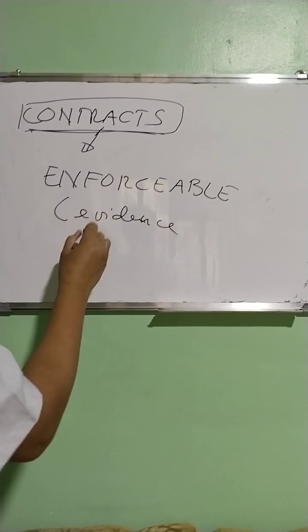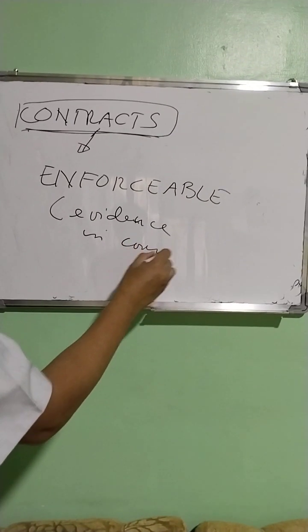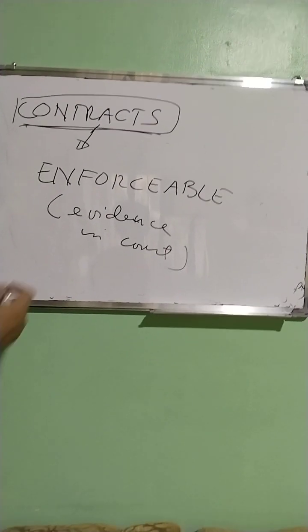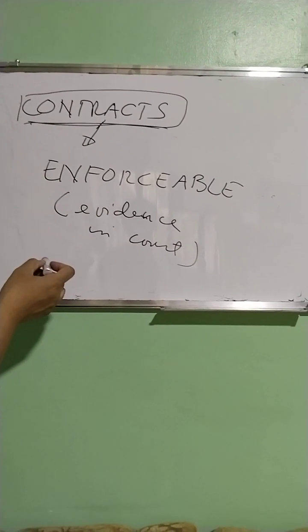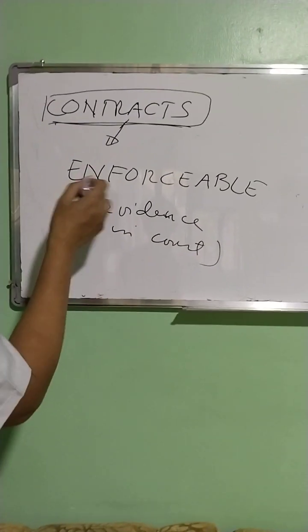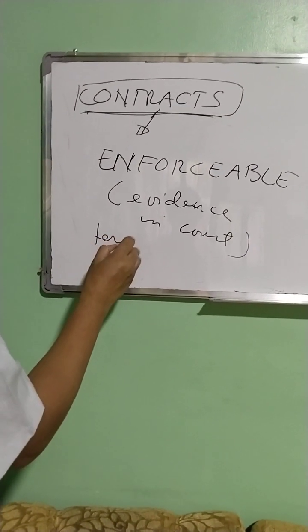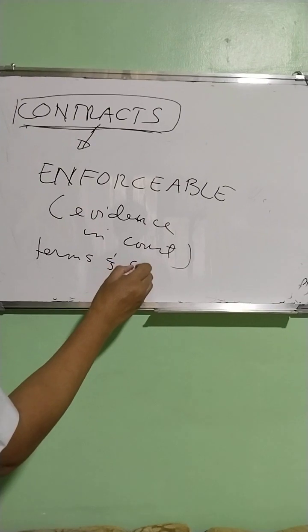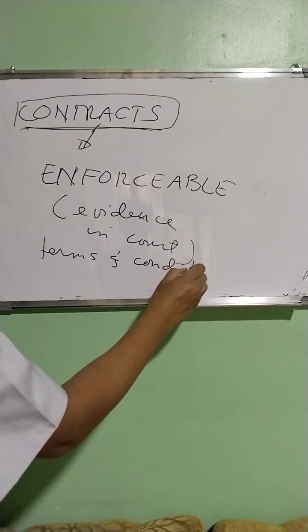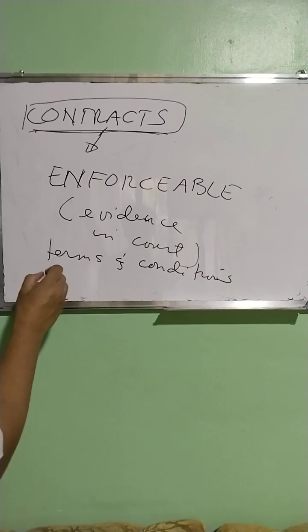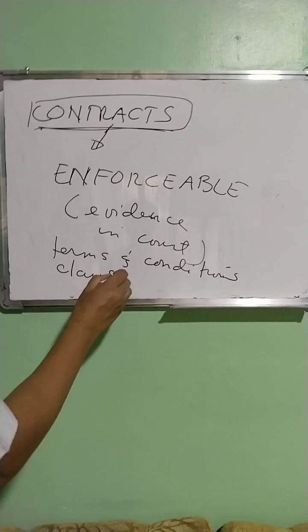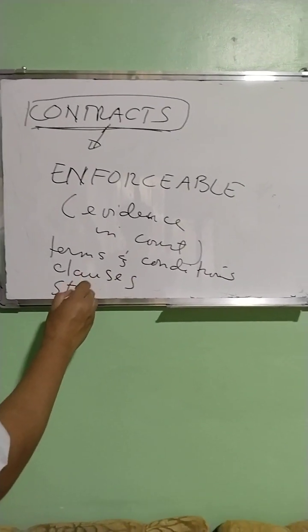And once you have signed that document, the contract or any legal document for that matter, you cannot retract from the terms and conditions of that contract. The terms and conditions that are contained through clauses or stipulations.